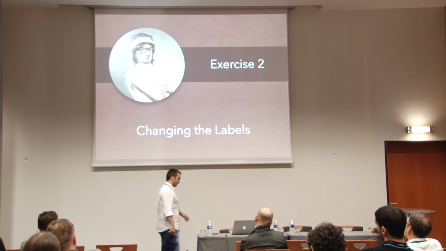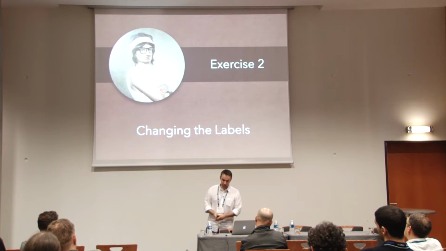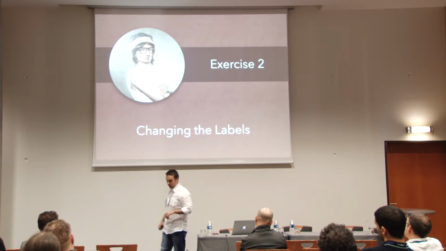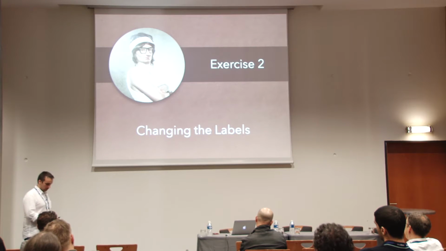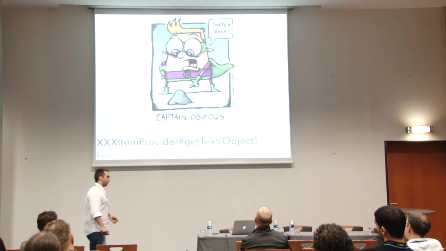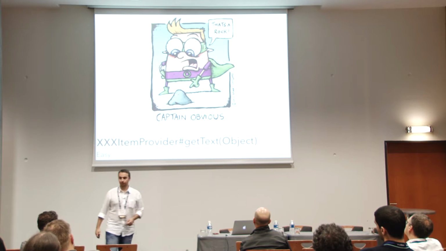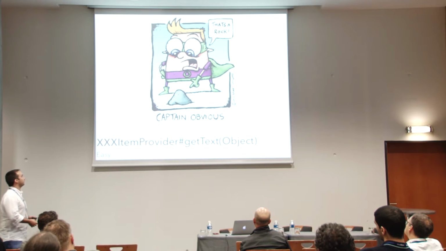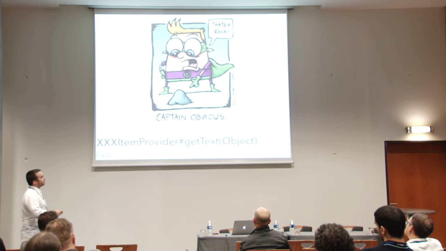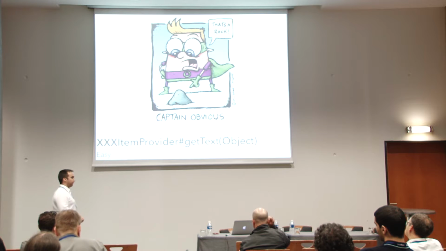So we have seen how to display some EMF model within a tree viewer. Now we want to customize it. So how do we change the label of any object? The obvious, easy way is to change the generated code, to change the getText method of the item provider.